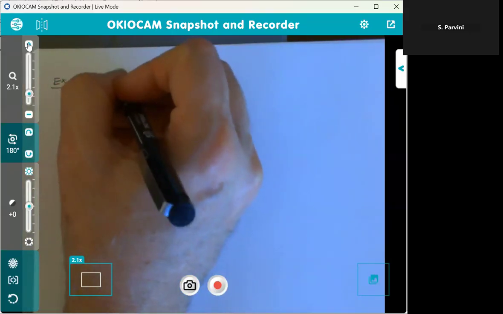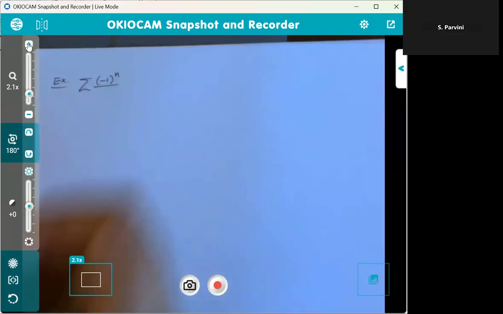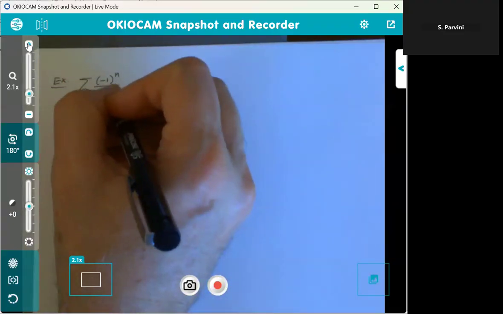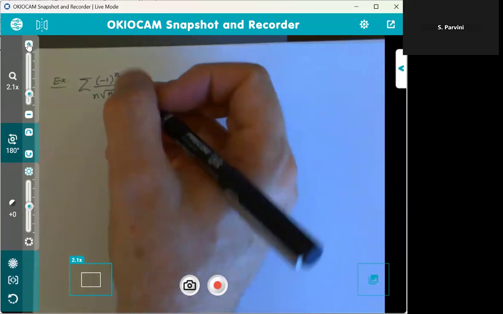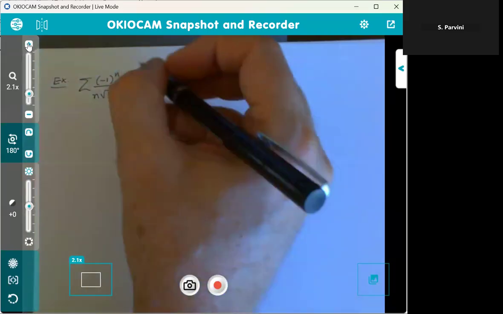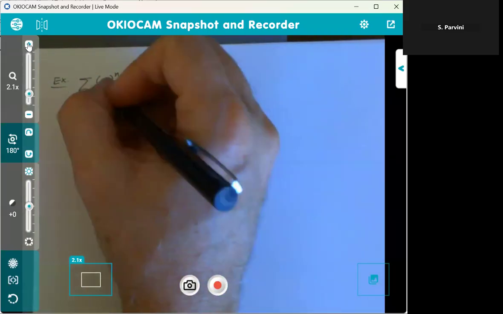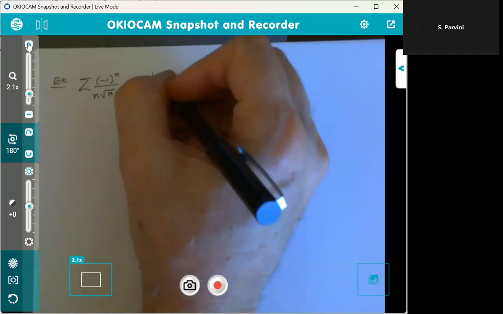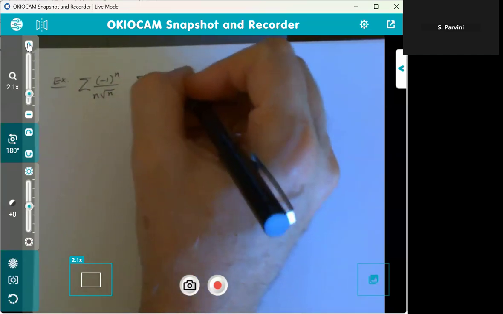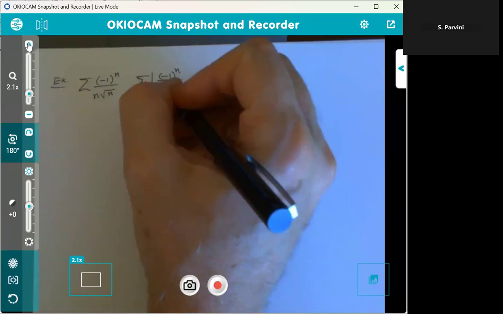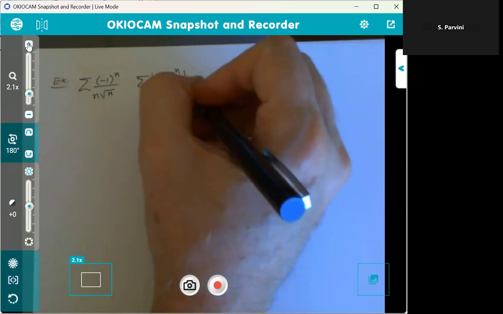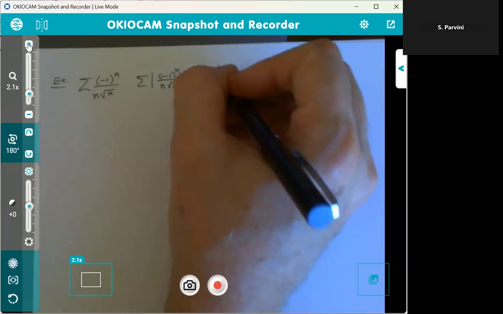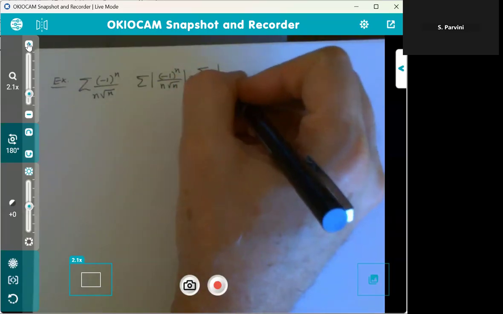I have (-1)^n over n root n. Now, the absolute value of this, (-1)^n over n root n, just becomes 1 over n root n.